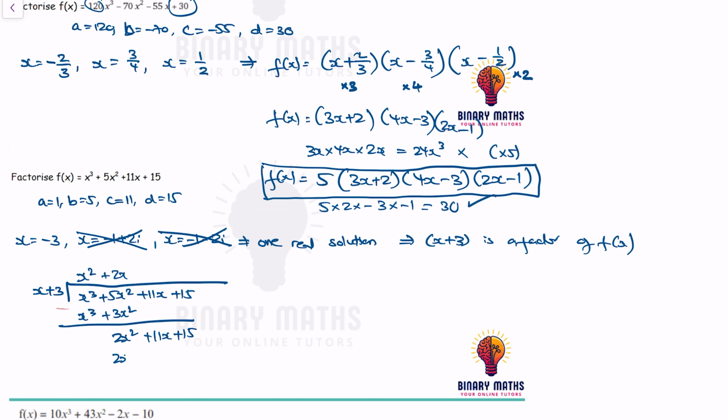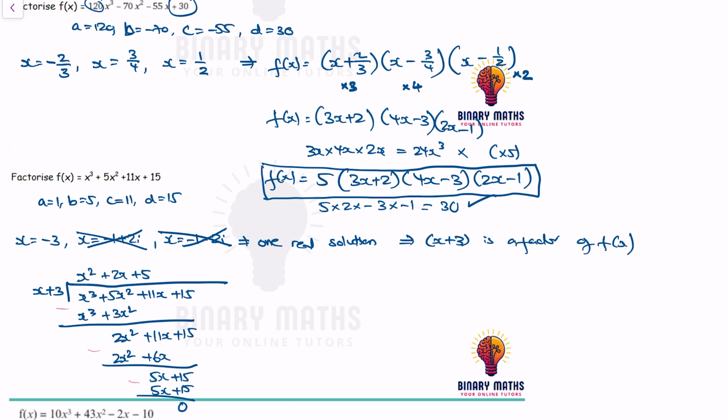So I'm getting 2x squared here. 3 times 2x is 6x. If I do the subtraction, I end up with 5x plus 15, which means I need to do 5 times x to get 5x. 5 times 3 is 15, which gives me a remainder of 0, which is what I wanted.